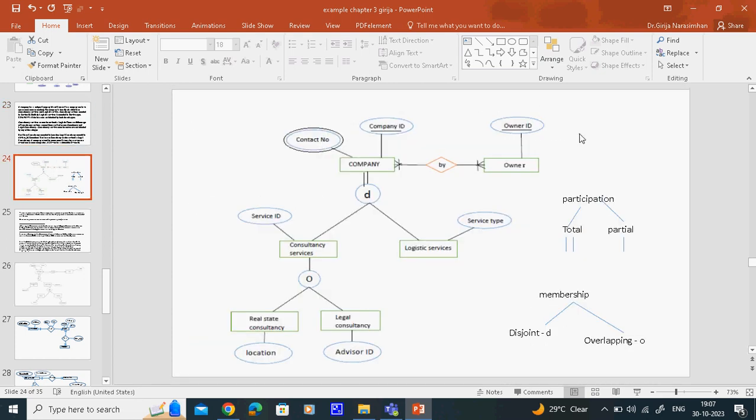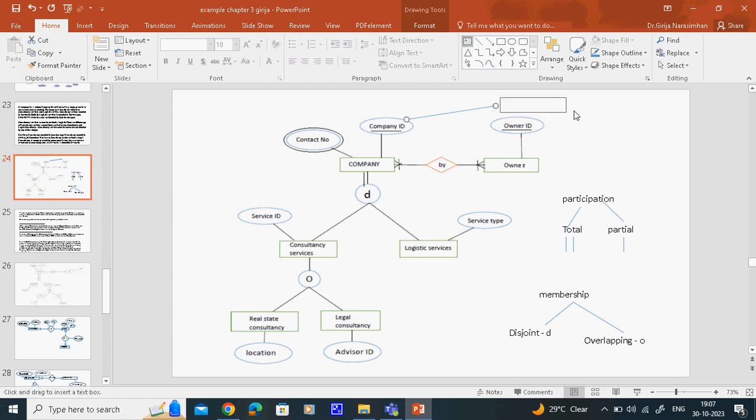Here is another important point. The supertype attributes, generally going from specific to general, is called generalization. Going from general to specific is called specialization. So in the consultancy service, real estate is specialization, from higher level to lower level. Here it is lower level to higher level. So top-down and bottom-up.